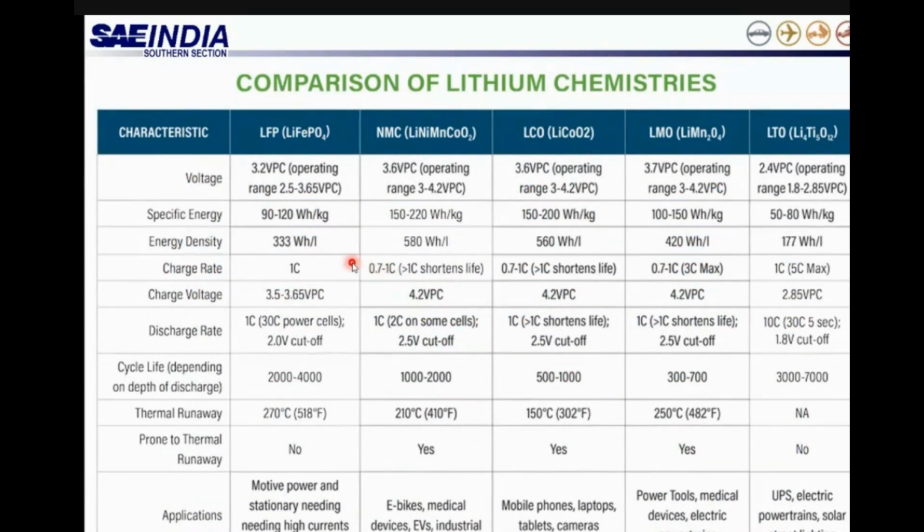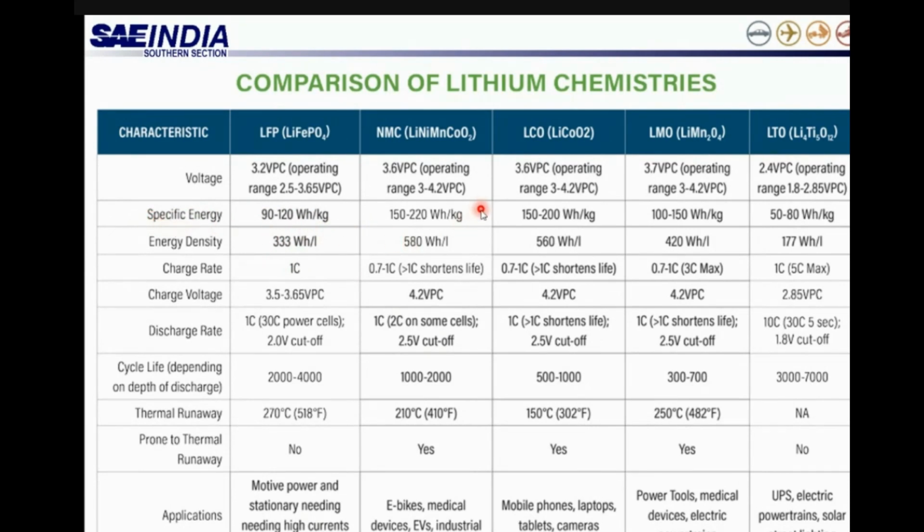Here is a comparison of these chemistries. I'm rushing through the slides since this is just to brush up, where powertrain calculation and simulation is going to be our core topic that we want to discuss today. Let's take specific energy as one example.